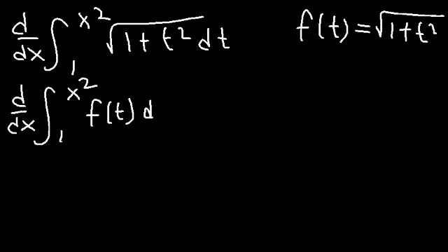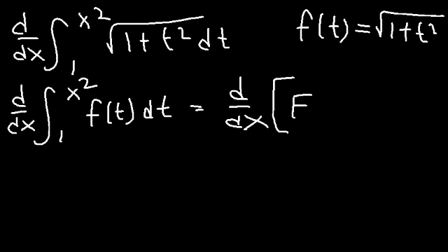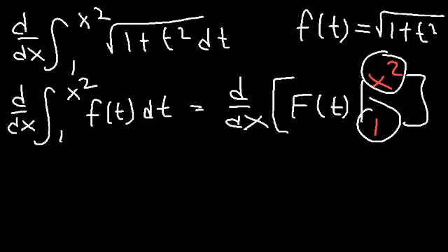The antiderivative of lowercase f is capital F. So this is going to be capital F of t evaluated from 1 to x squared. So now we're going to use basically the other portion of the fundamental theorem of calculus, where this is going to be F of b minus F of a.